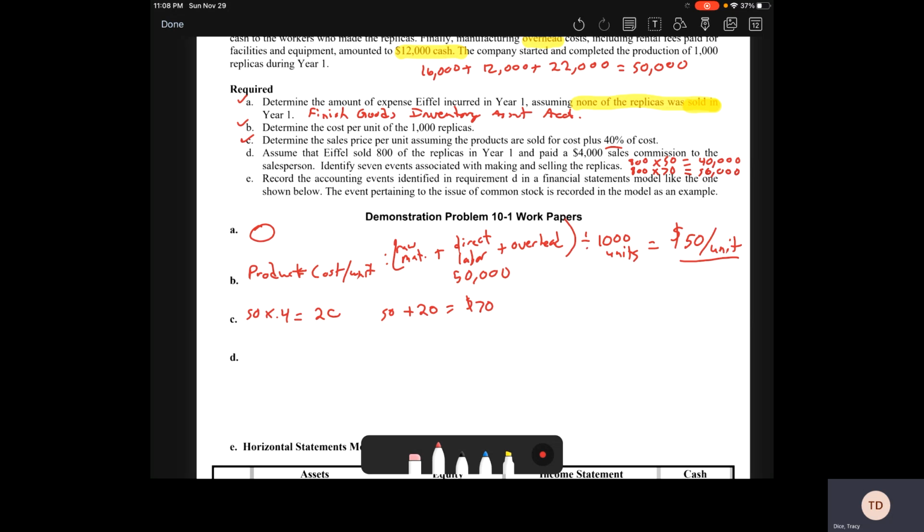All right, so then we pay $4,000 in sales commission to that salesperson. Does the salesperson have anything to do with the creating of the product? I hope you said no. So that goes into selling and administrative costs. So those are period costs. So this part right here is a period cost.